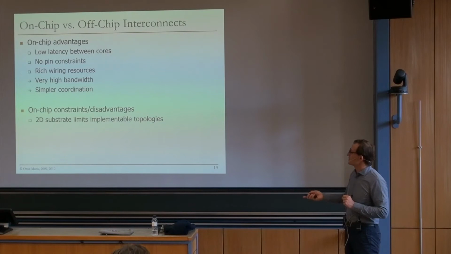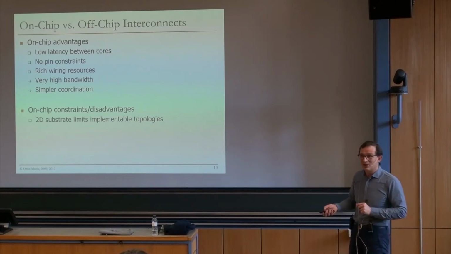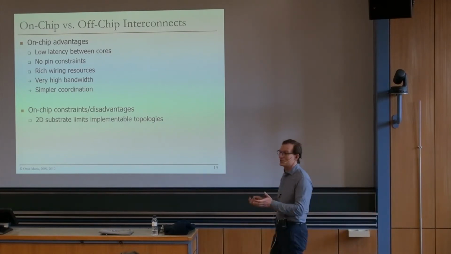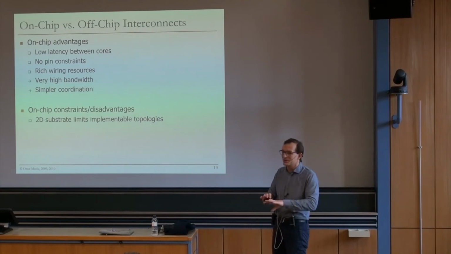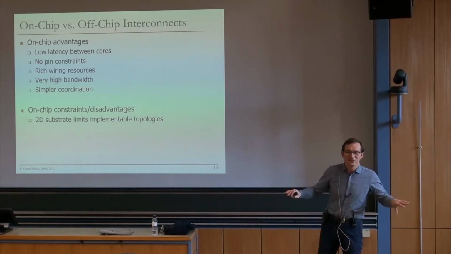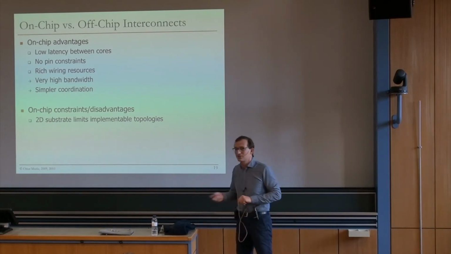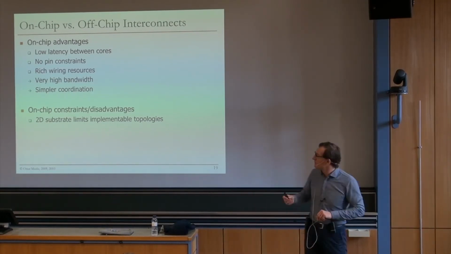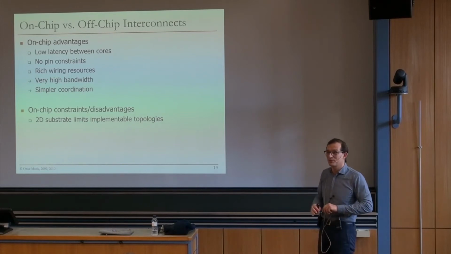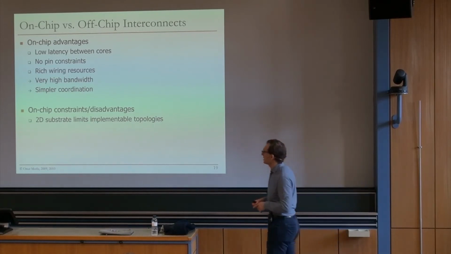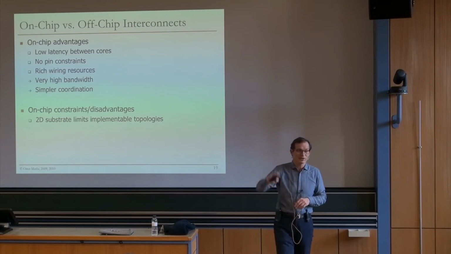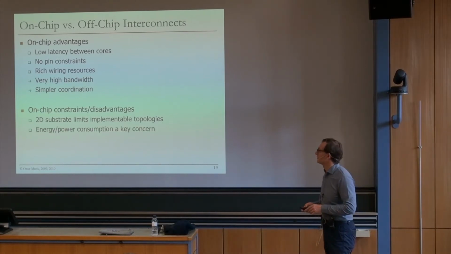Of course, on-chip has constraints and disadvantages. Off-chip, you don't have a two-dimensional substrate, but on-chip, you're limited by the two-dimensional substrate, right? So you need to lay out on this two-dimensional substrate, and as a result, you're limited by your wiring resources, and your implementable topologies get limited. How many metal layers you have, for example, limits your implementable topologies.